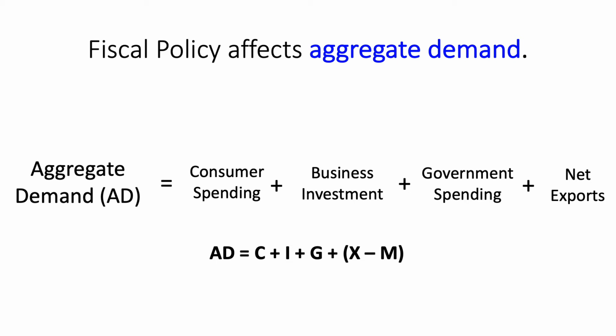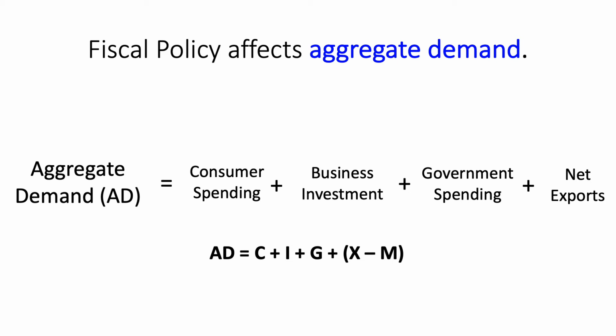Changes in any one of these factors will impact aggregate demand, and this is precisely what fiscal policy does. It affects either consumer spending, business investment, government spending, or net exports in order to change aggregate demand, and governments use this to stimulate economic growth, for example, or to lower unemployment levels.